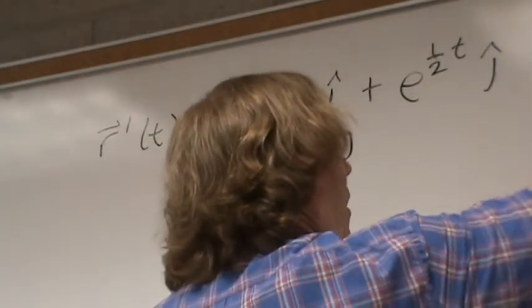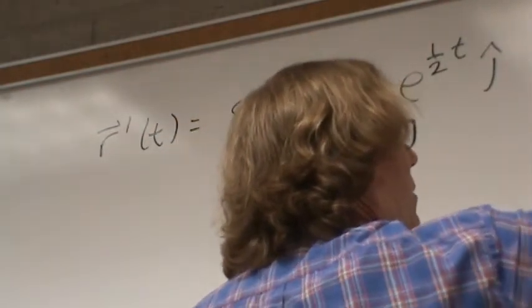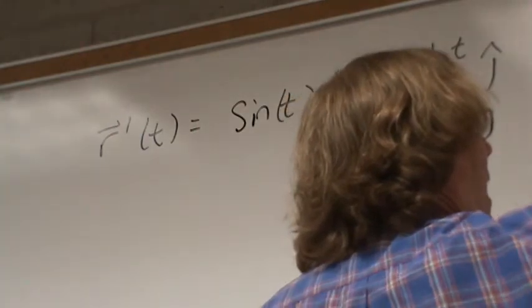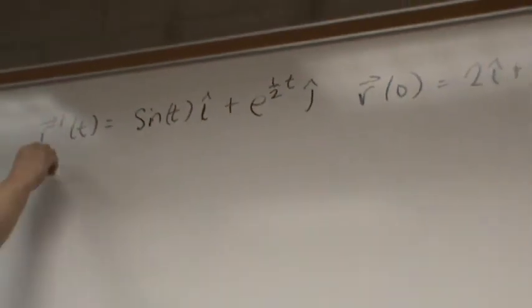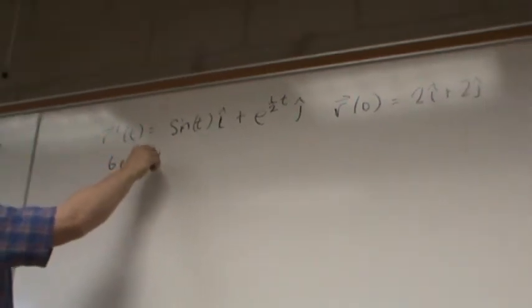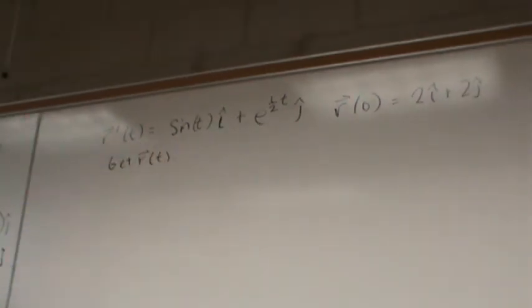And I told you that r of 0 was equal to 2i plus 2j. Get r of t. Good luck, you guys. Take the antiderivative, get your constants of integration, and then you win.